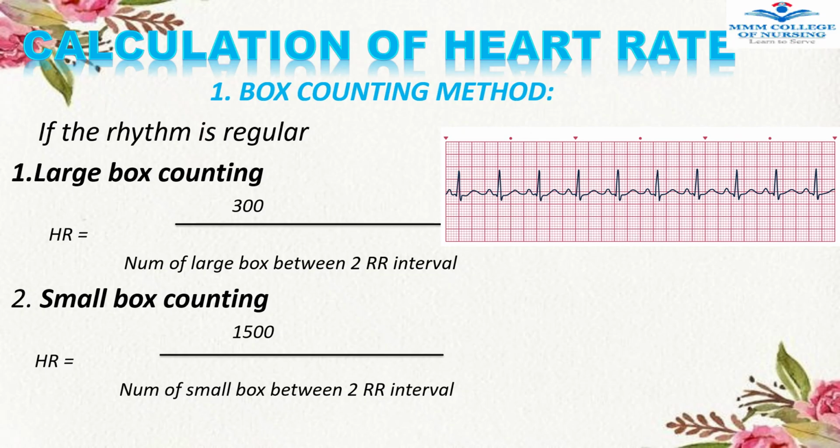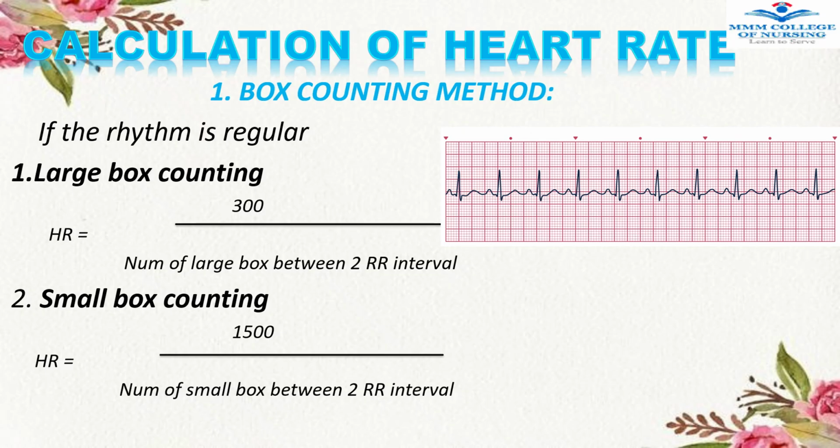Whereas we use the small box counting method whenever we have to record the accurate heart rate, or when the patient has a faster heart rate. Here we use the formula of 1500 divided by the number of small boxes present between the RR interval.